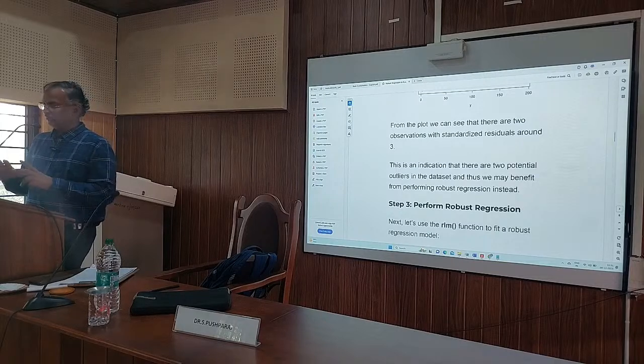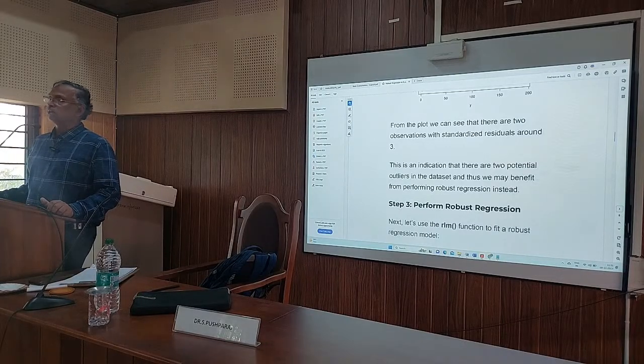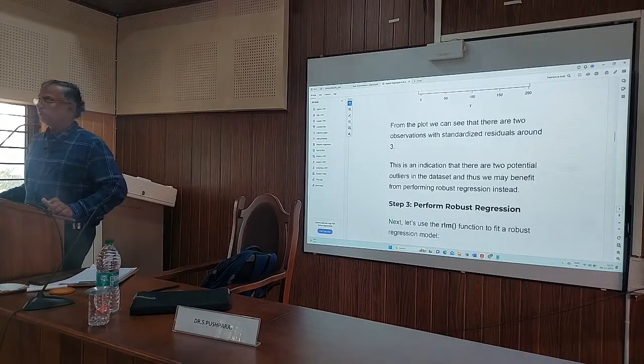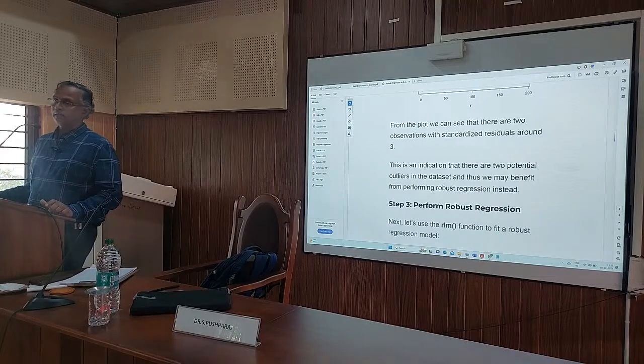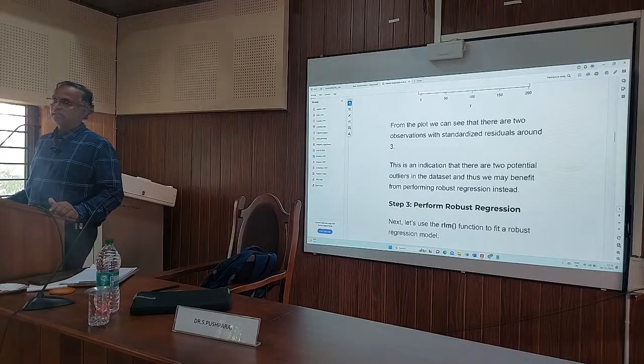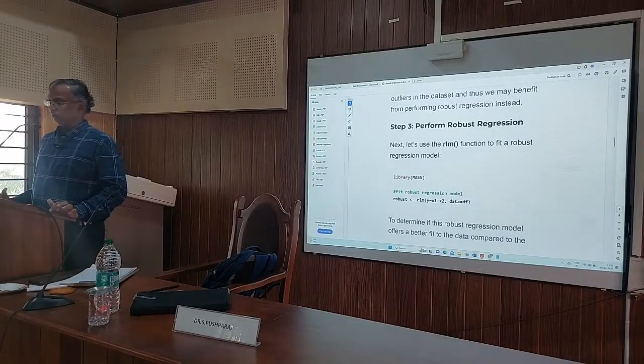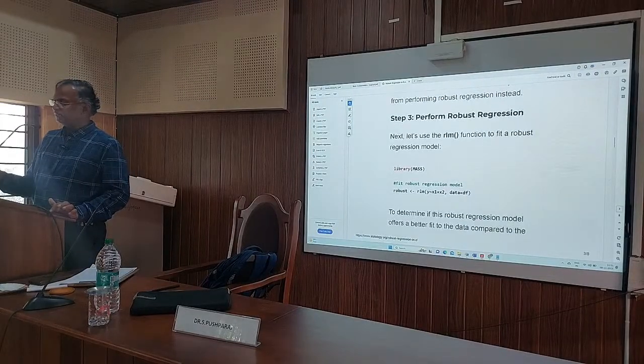Robust regression is a weighted regression model. It gives low weightage to the values that lie outside in your data set. The outlier points are given lesser weights than the rest of the values, and you get a consistent regression model.